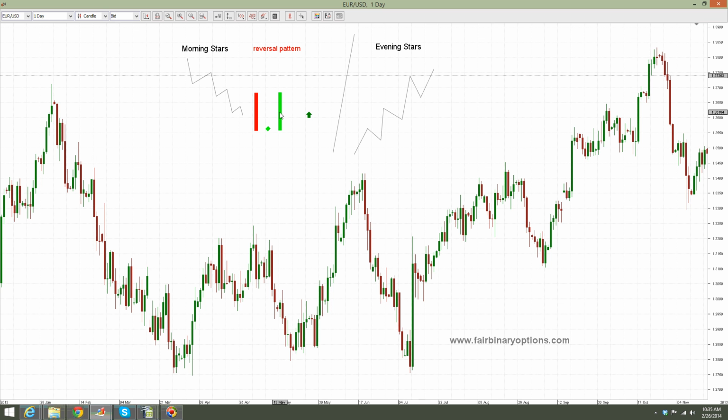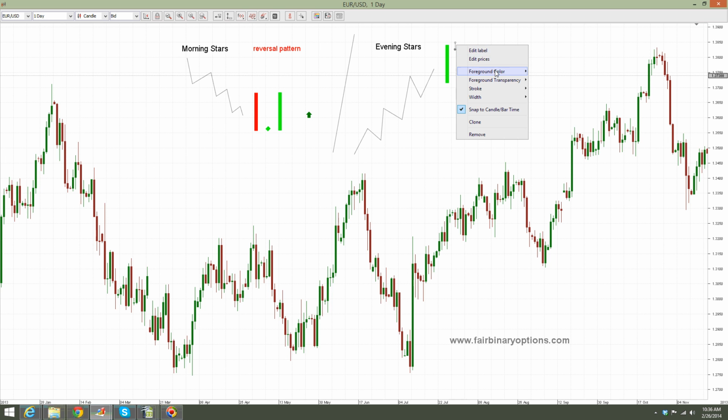And just like that, the first candle is a strong green candle, followed by a candle with a small real body, but the body doesn't really matter, green or red.